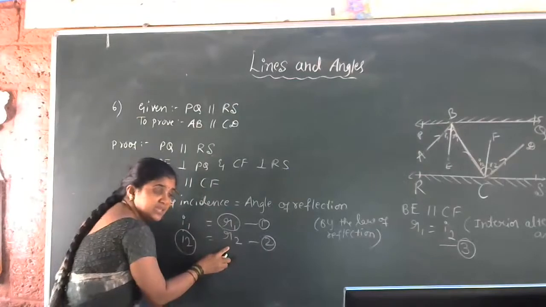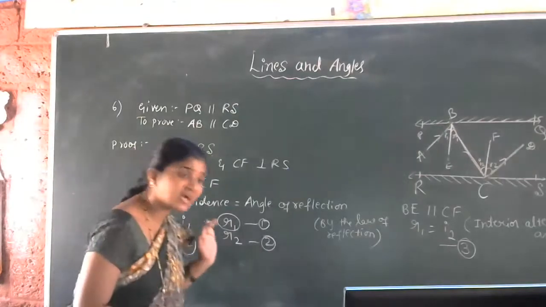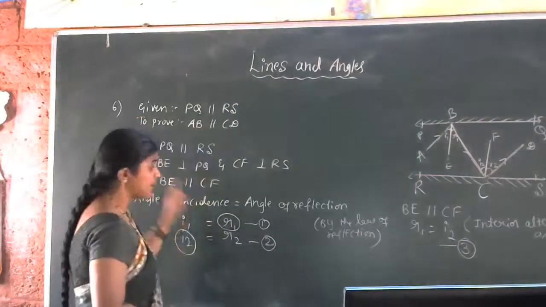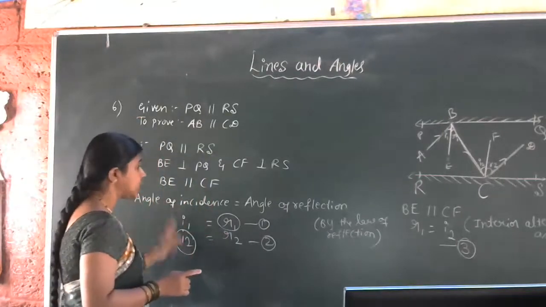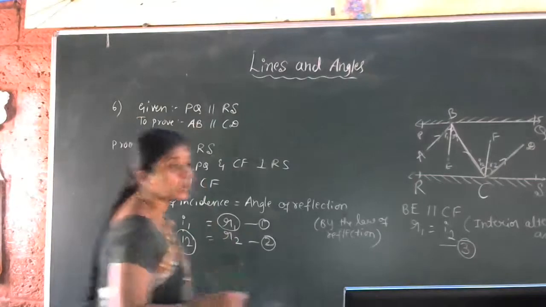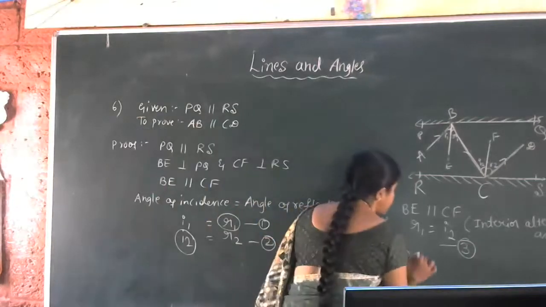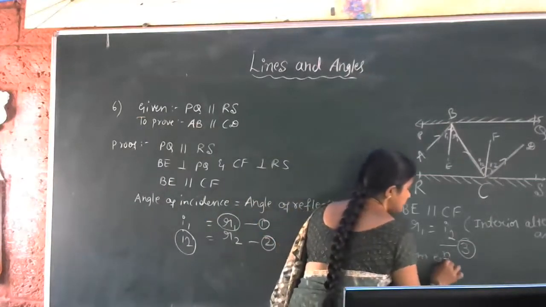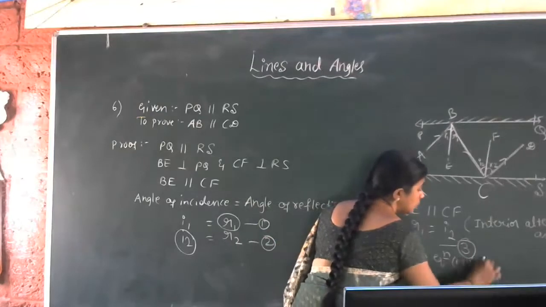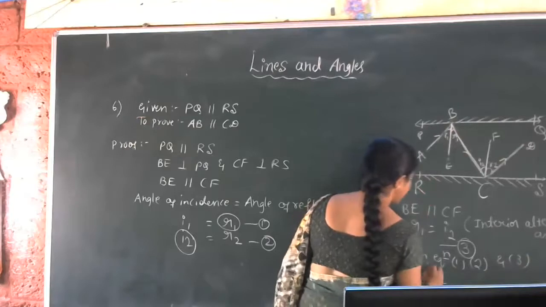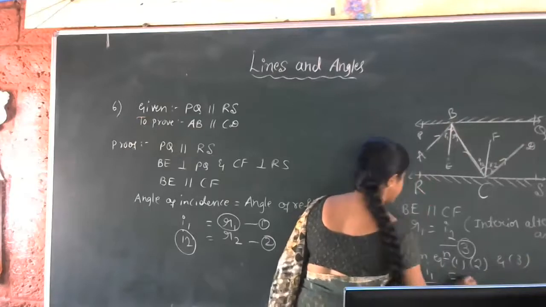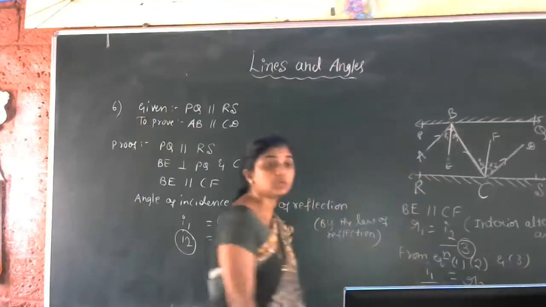Things which are equal to the same thing are equal to one another. From equations 1, 2 and 3, we can give the conclusion that I1 is equal to R2.